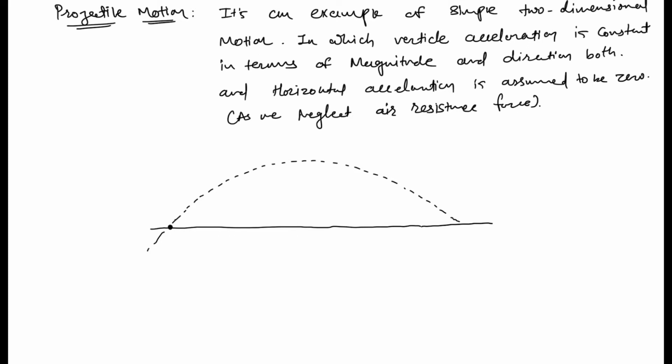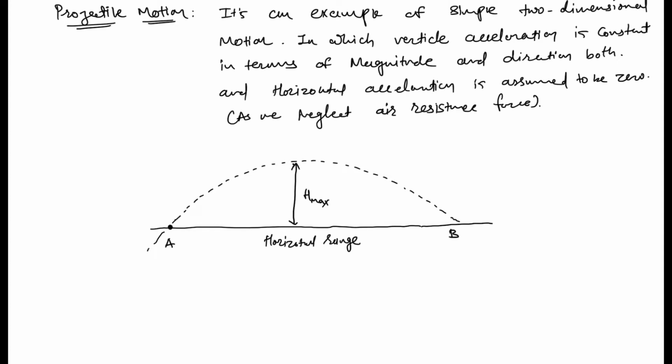If we want to analyze the motion of this ball, or let's say how high it can go, that will give the maximum height, or how long it can go, that is the horizontal range, and how much time it will take to go from point A to point B. So we can analyze this whole situation by applying some formulas of motion.